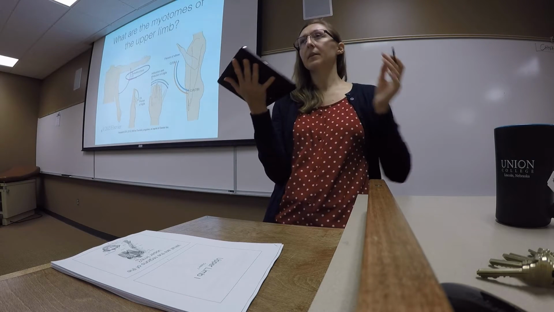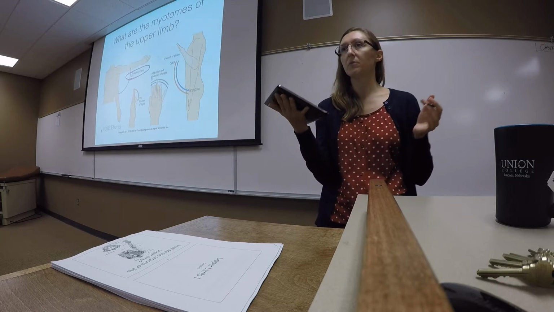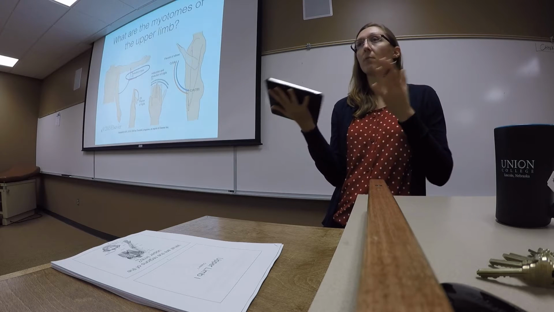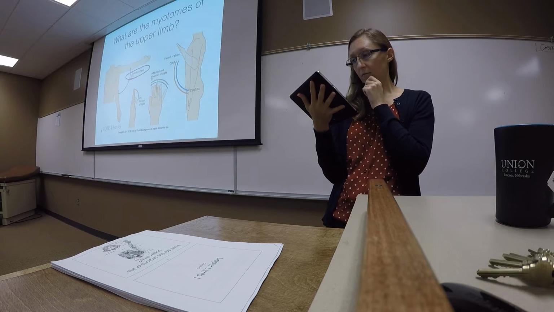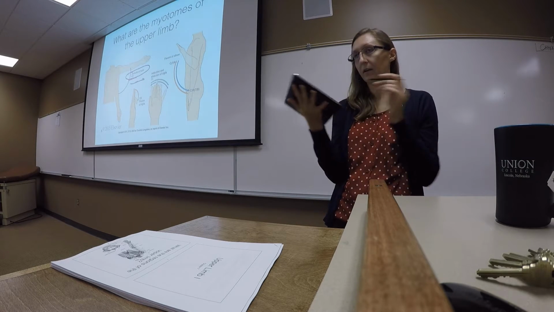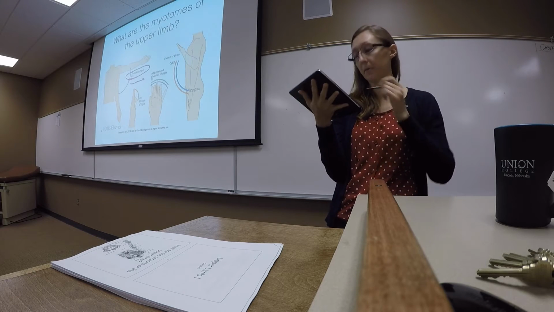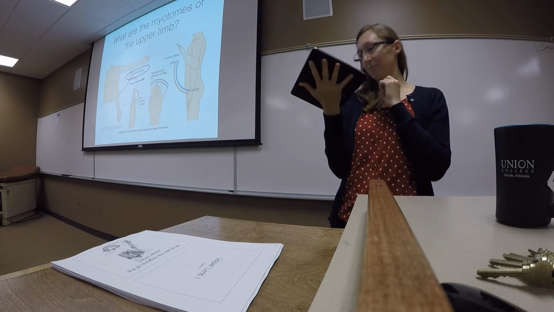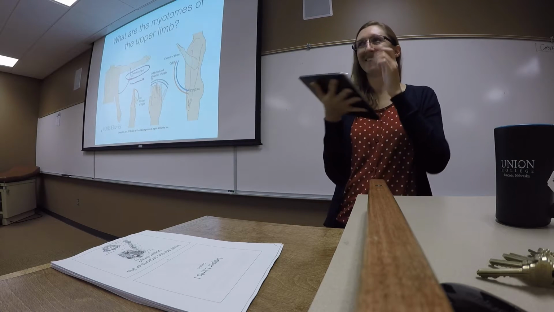And then again, like the lower limb, we want to be able to relate that to the muscles and to the nerve that those fibers are running in. So use this slide to help you put all that information together. And like I said last lecture, some really good test questions.